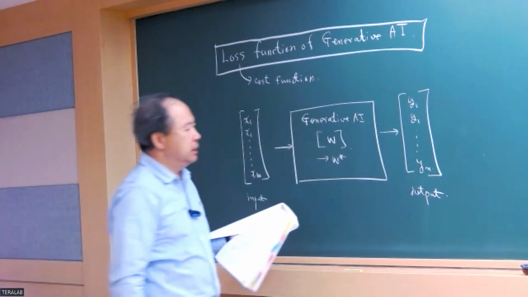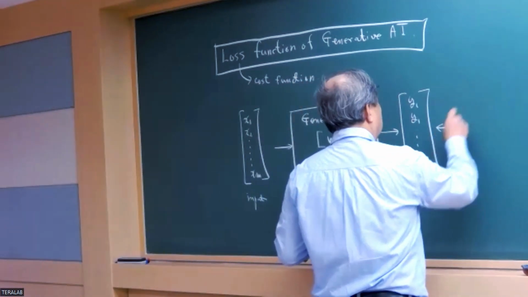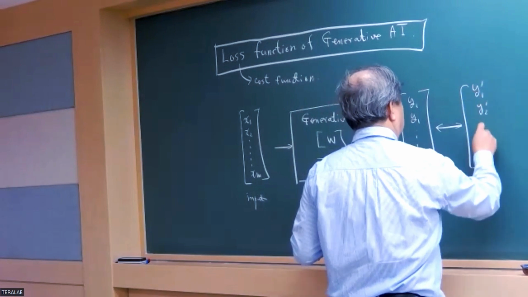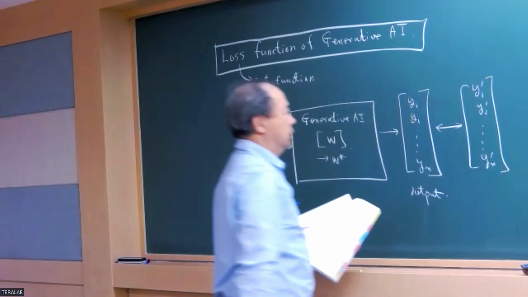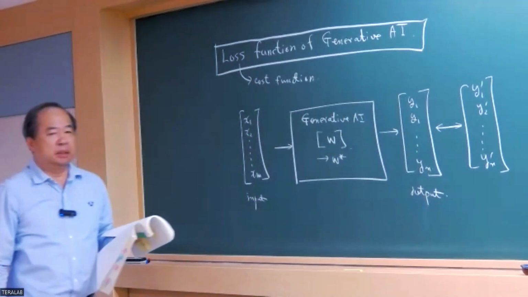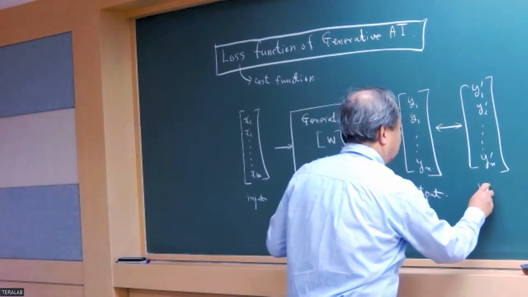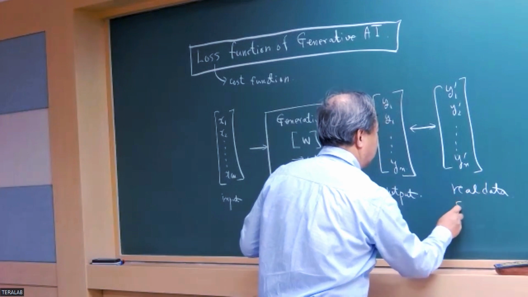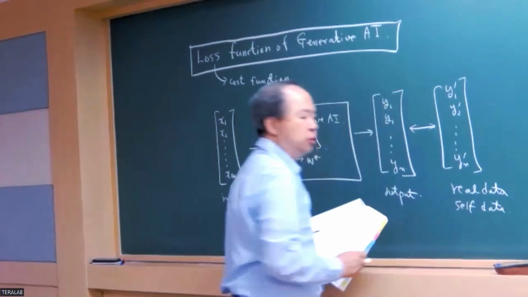In most cases, during the training process of generative AI, you need a reference. This Y dash could be obtained from real data or sometimes self data during the training process.